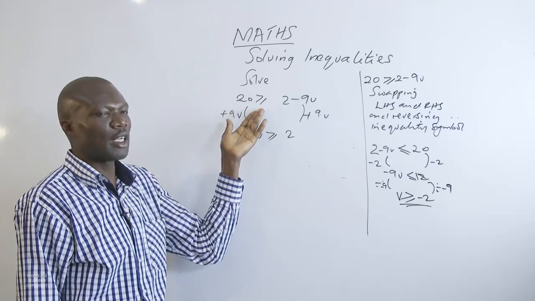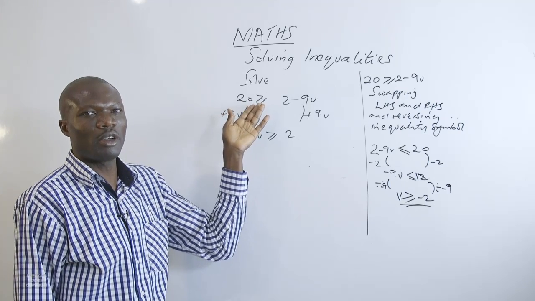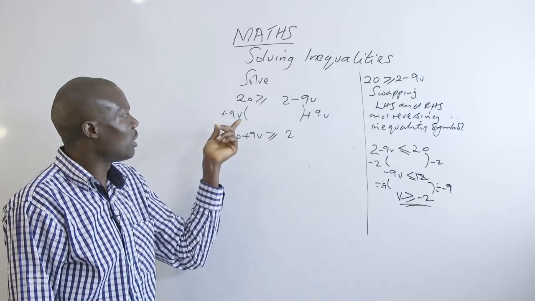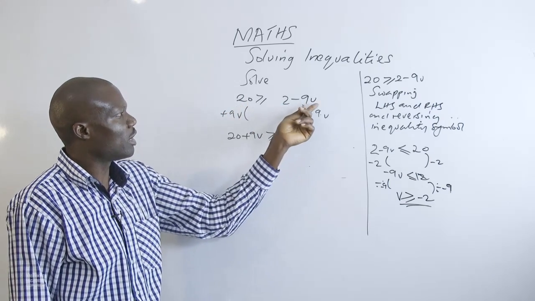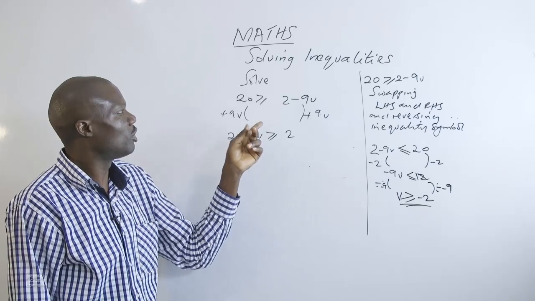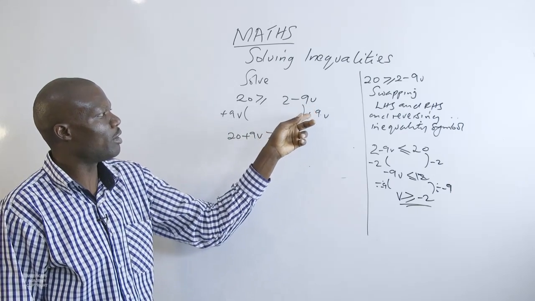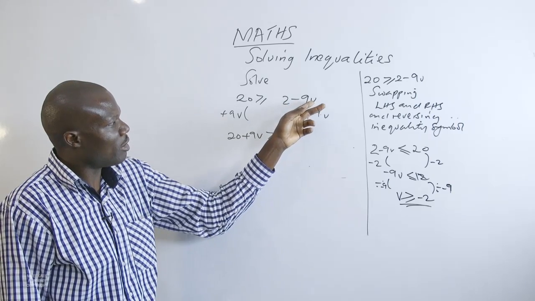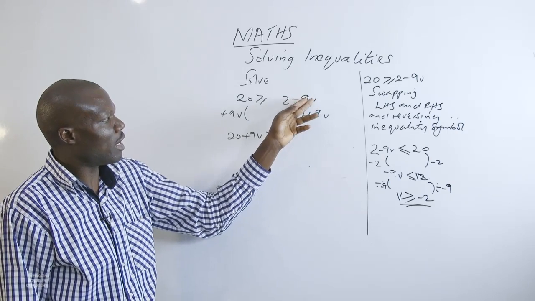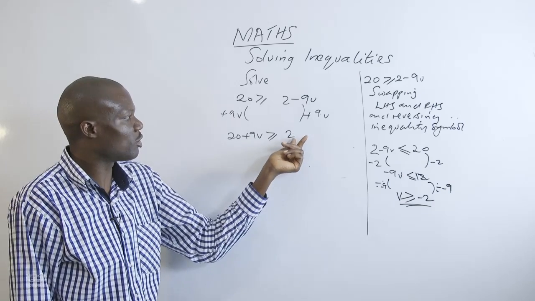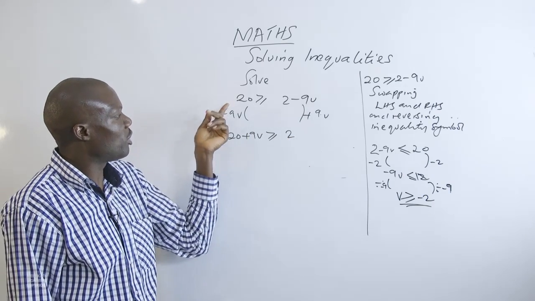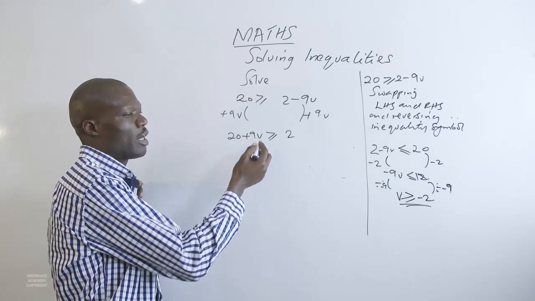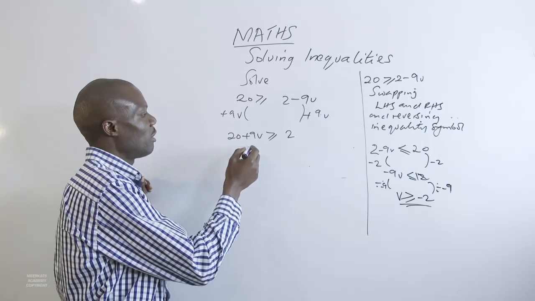So this is what you get. 20 is greater than or equal to 2 minus 9v. Adding 9v this side, minus 9v plus 9v is 0, so we have 2 remaining. And then 20 plus 9v on the left-hand side. Then we now follow the ordinary procedure.